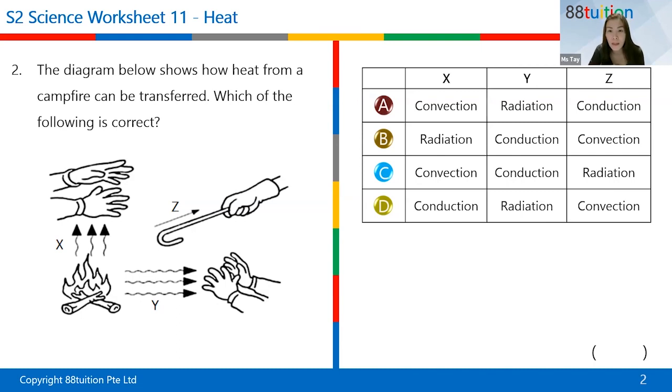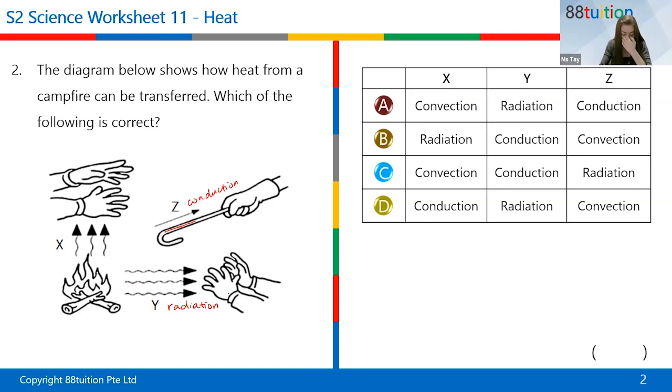All right, now we know that this is conduction, for Z, because you're talking about the heat that is moving through the bar. Look at the arrow pointing, the heat that is being transferred from this end of the bar to the other end. For Y, from the side, if somebody can feel the heat from the campfire when he or she is a distance away, this has got to be radiation.